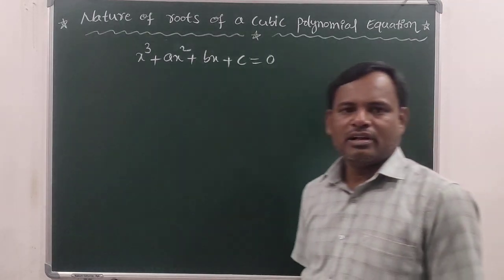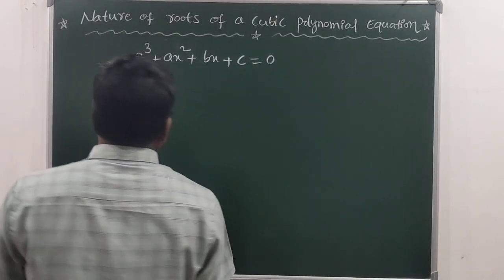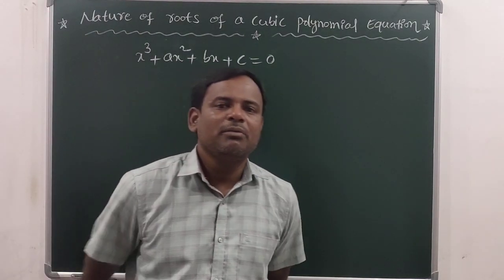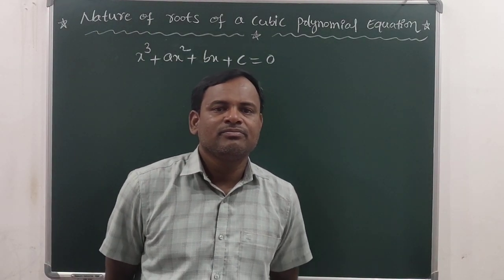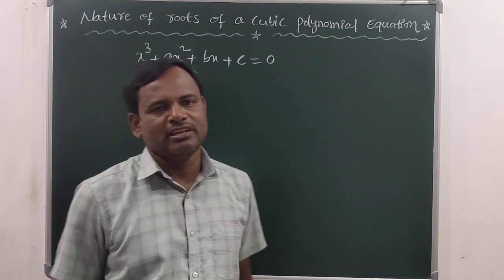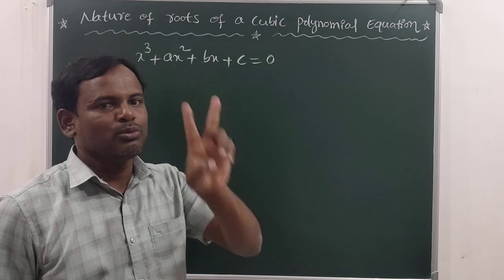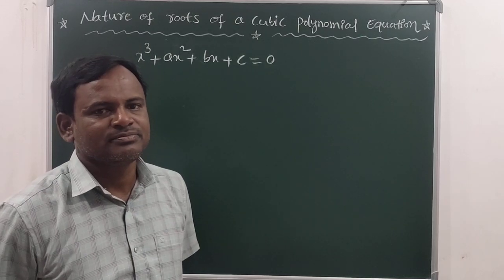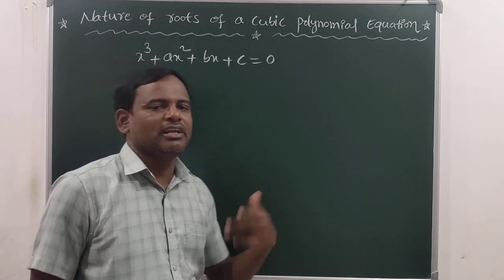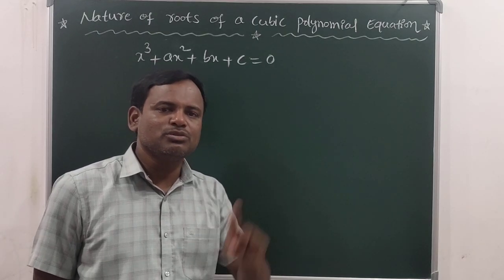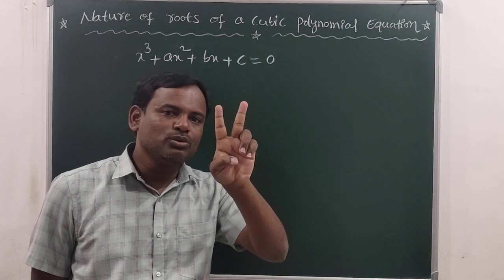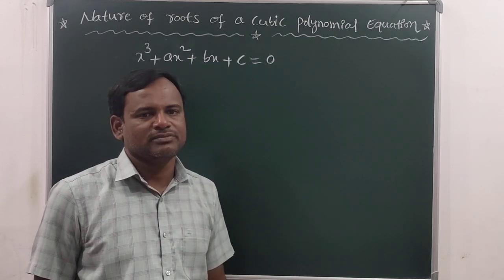Now let us come to this cubic polynomial equation. A cubic polynomial equation will get either 3 roots as real or 1 root as real, but it will not get 2 roots as real. Okay students, remember that point. If 3 roots are real, no problem, the number of complex roots is 0. If 1 root is real, then the leftover 2 roots will be complex.